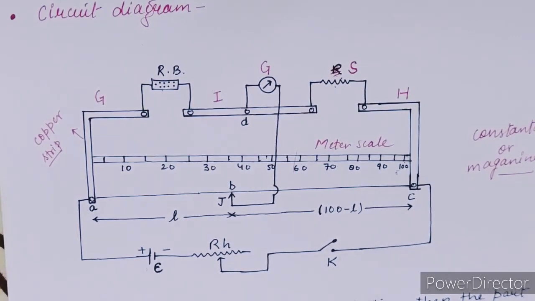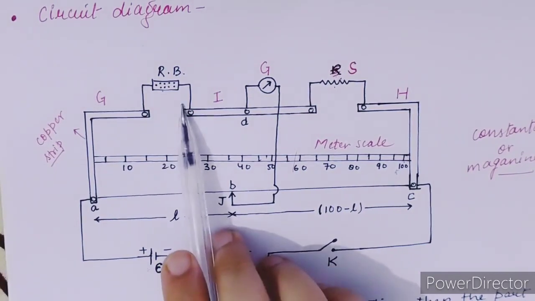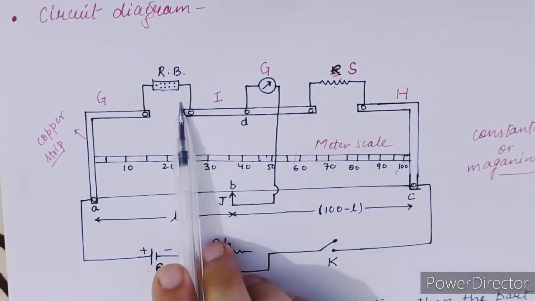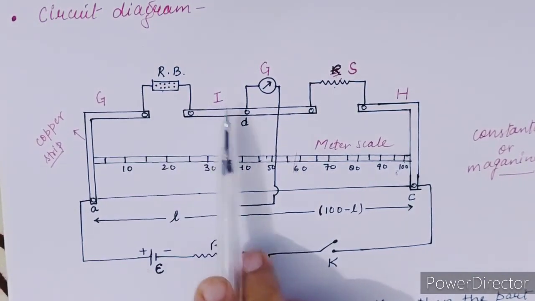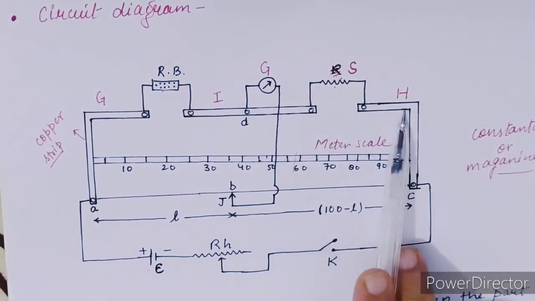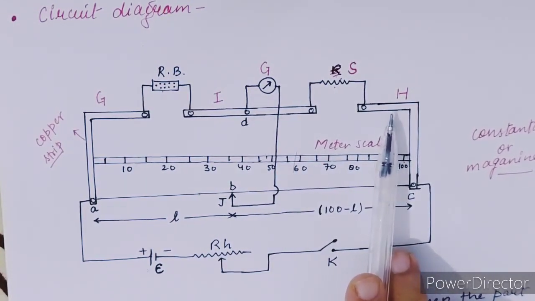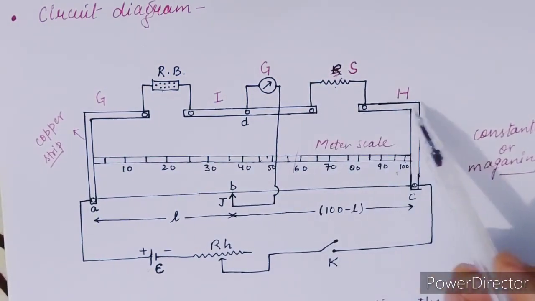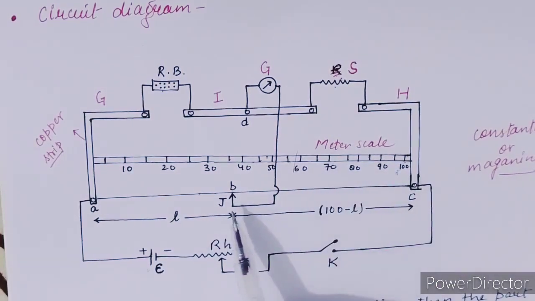Now what was the working? In the gaps of the meter bridge, a resistance box is connected between G and I, and the unknown resistance is connected between I and H. Clear? All the nuts must be connected tightly, because if any nut is not connected tightly, then your reading will not be perfect. Remember this.